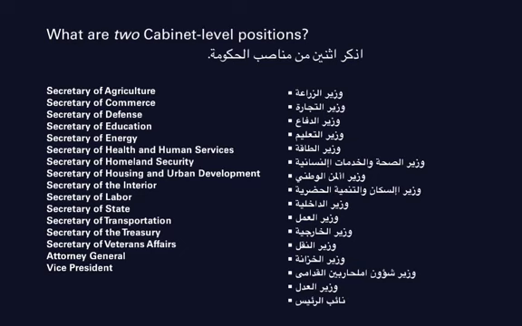Secretary of Housing and Urban Development. Secretary of the Interior. Secretary of Labor. Secretary of State. Secretary of Transportation. Secretary of the Treasury. Secretary of Veterans Affairs. Attorney General. Vice President.